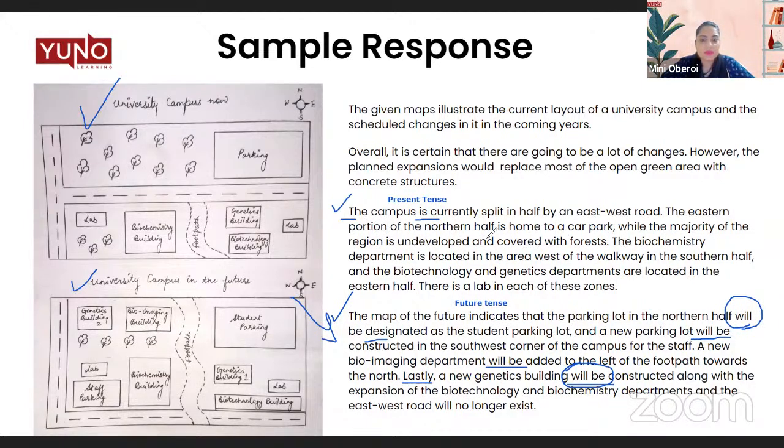Again, see, simple present tense. While the majority of the region is undeveloped and covered with forests, the biochemistry department is located in the area west of the walkway in the southern half, and the biotechnology genetics department are located in the eastern half. There is a lab in each of these zones, right?